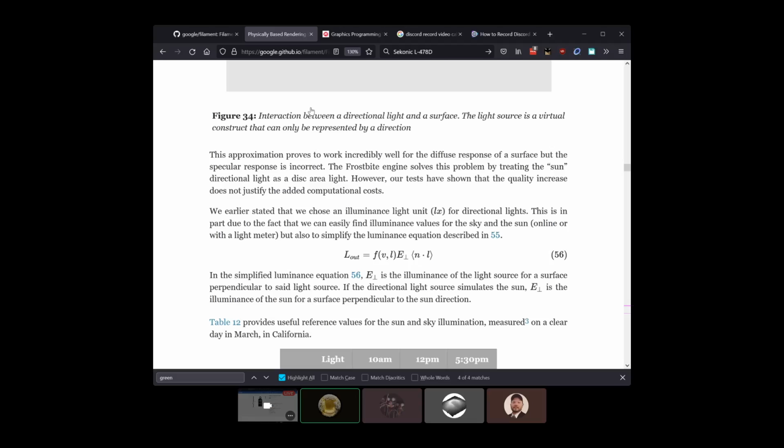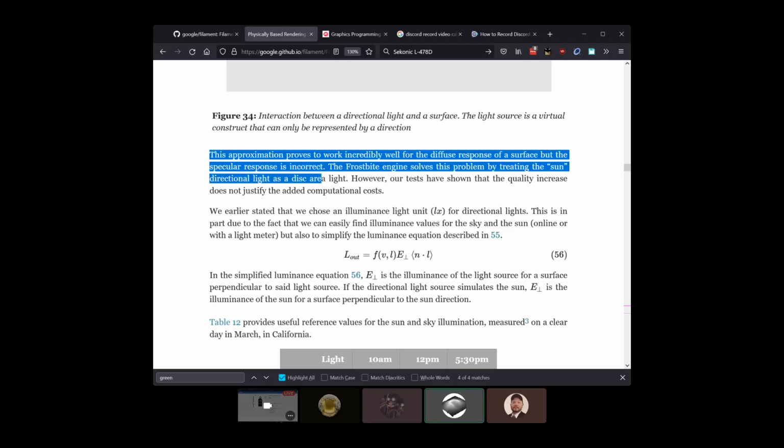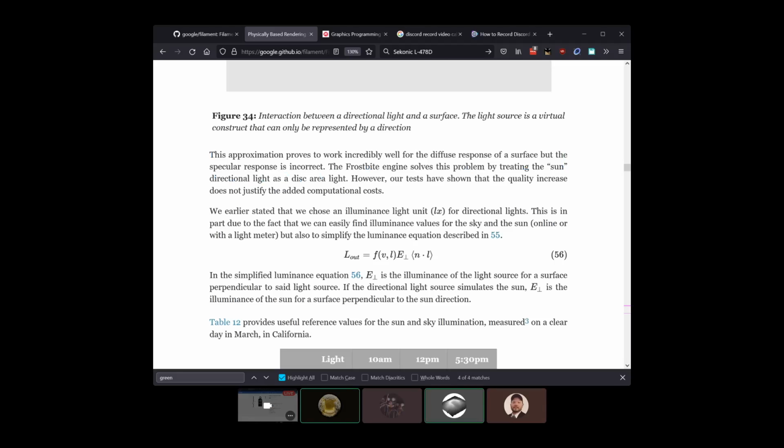All I was gonna say is that I think what they're talking about here is simply that the sun is not a point light, and so if you treat it as a point, you don't get any of the diffusion of light as it gets closer, like the shadow diffusion. If you have a shadow, the direct shadow will be very sharp, whereas the indirect shadow won't be.